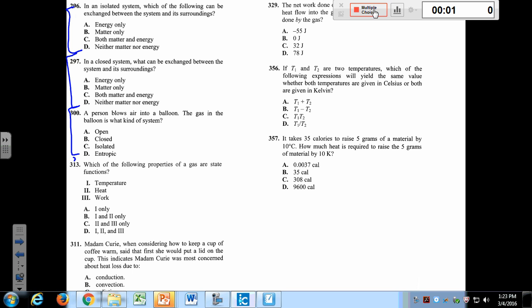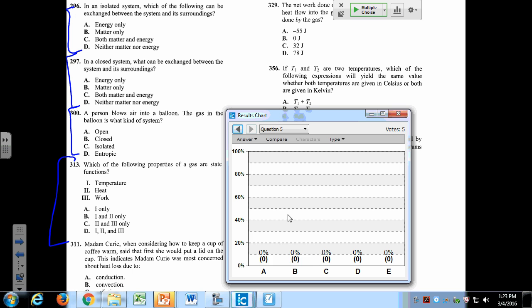And let's try this number 313. Which of the following properties are state functions? Temperature, heat, or work? Number 313. There are differences between state and process functions. So a few more seconds. Okay, which is heat?